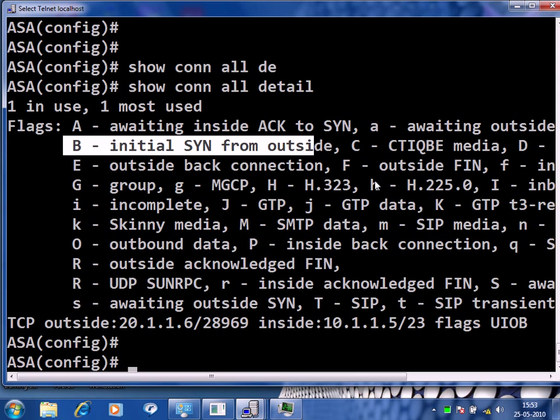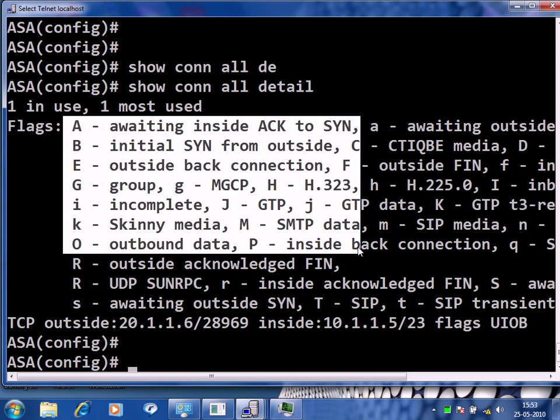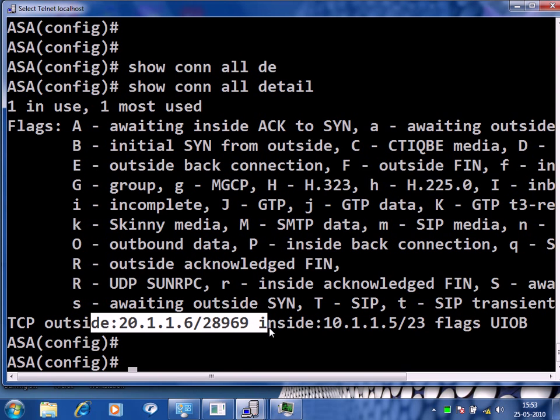If the question shows the connection output, the number of connections open, they will highlight something and ask from where the connection has been initiated. You will not see this detail over there. You will get only one line, this line.